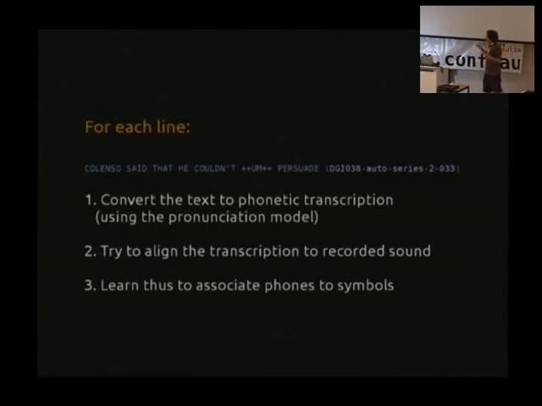If it can align them, then it makes associations between what was spoken and what was written. And as far as I know, that's the same process whatever algorithm or software you're using, you need something like this to do the training.